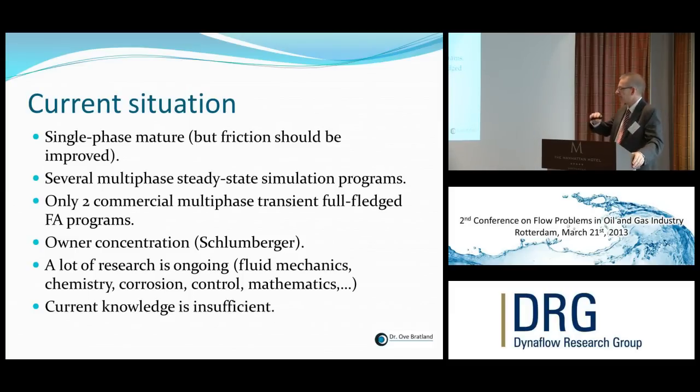A surface has many types of roughness at the same time, and the distribution of different types of roughness plays a role. And no pipe manufacturer tells you that. They tell you what the internal roughness is. And that's not enough. You need more information than that to know the shape of your friction curve properly. So apart from that problem, single phase is quite mature.